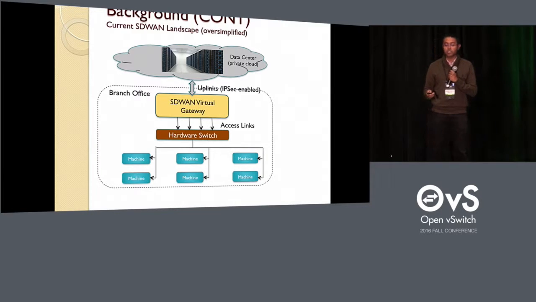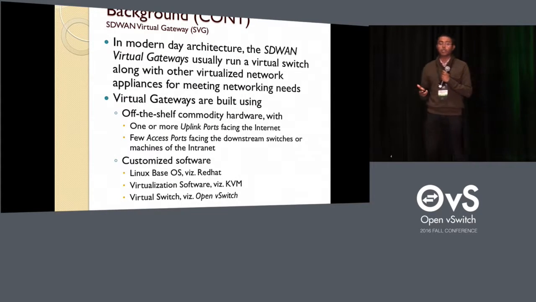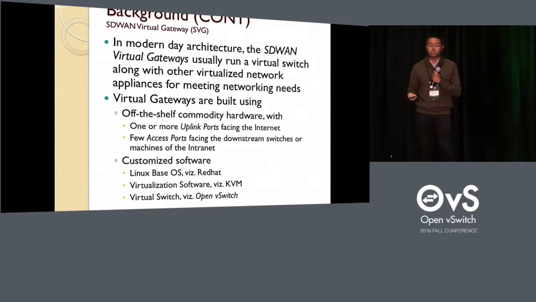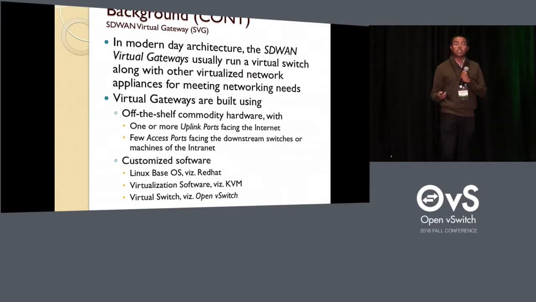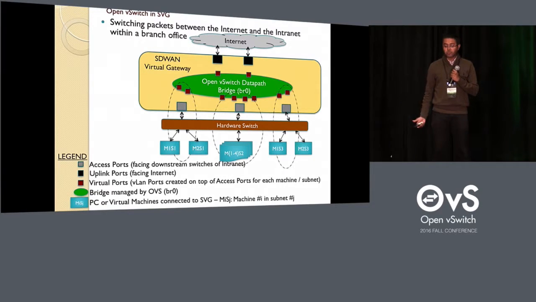What that basically means is it is off-the-shelf commodity hardware, which will have a few access ports and a number of uplink ports for talking to either the internet or the WAN side, and it will have a customized Linux-based OS, which could be Red Hat or Ubuntu or something, and then of course at the heart of it will be an Open vSwitch enabled data path. So this is how it architecturally looks like from a very high level.